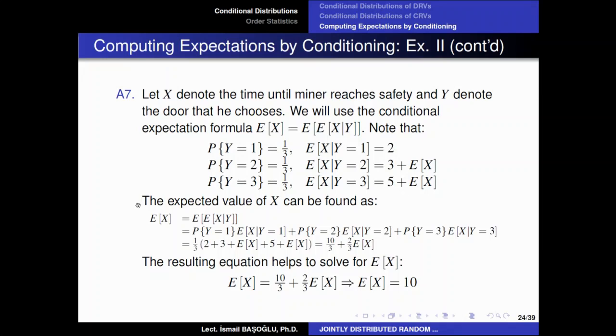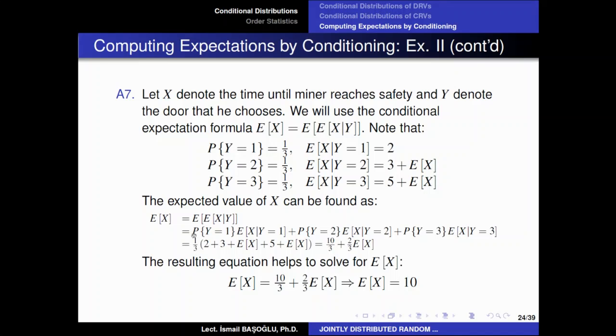Now, we can run this conditional expectation formula, which means we are going to multiply these conditional expectations with the respective probabilities and sum them up. The outer expectation is calculating the expected value of the conditional expectation values with respect to the probability mass values of y.